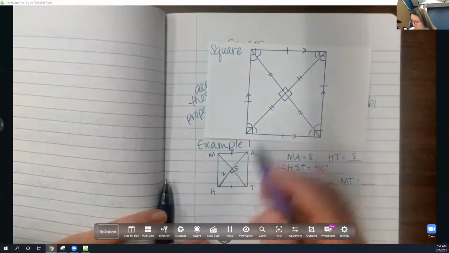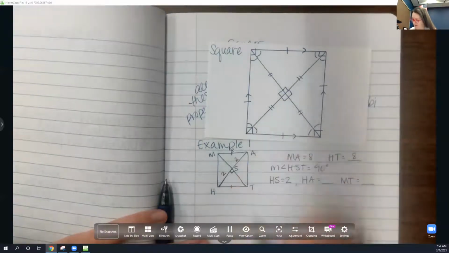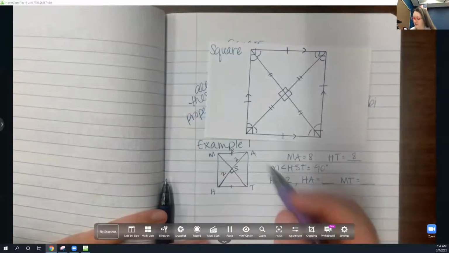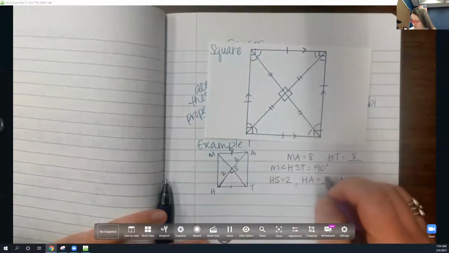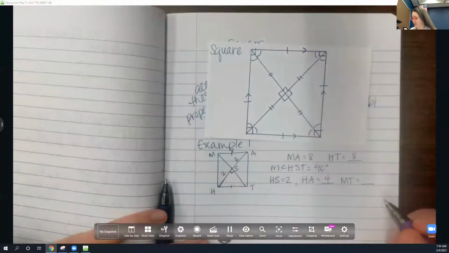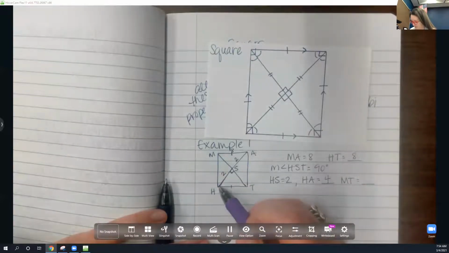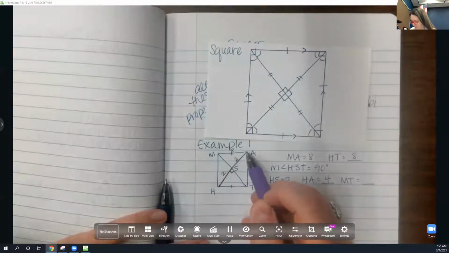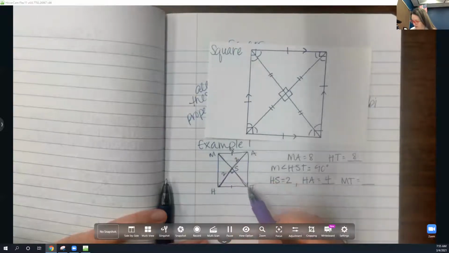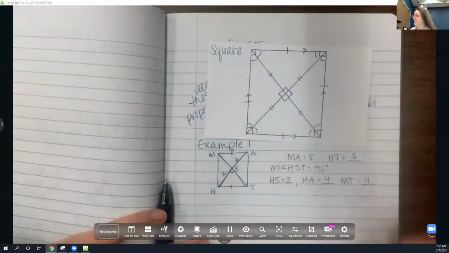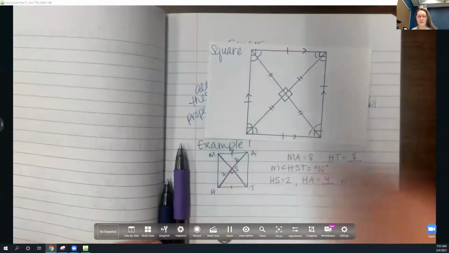Well, if this is 2, and I know that the diagonals bisect each other, that's also 2. So HA all the way across, if you said 4, then you are absolutely correct. And MT, what do we know about MT? Well, if I know that like a rectangle, the diagonals are congruent, then MT is also 4, okay?